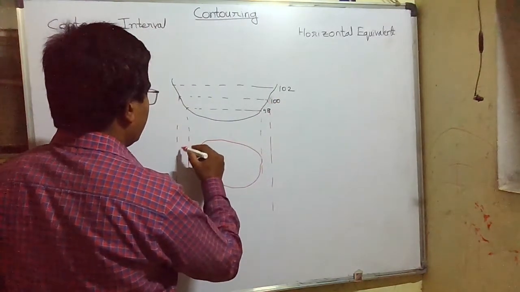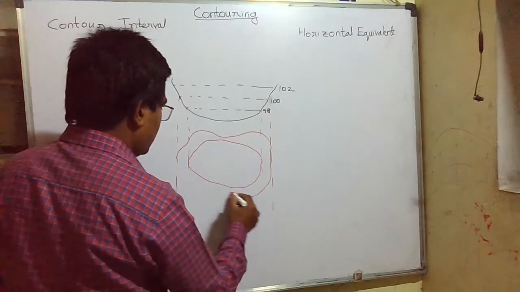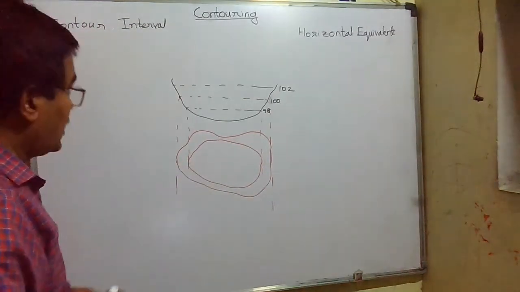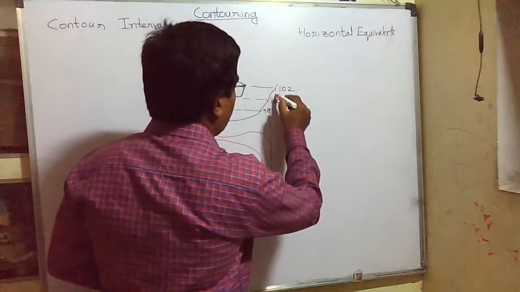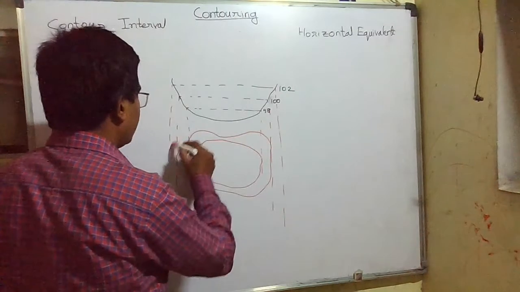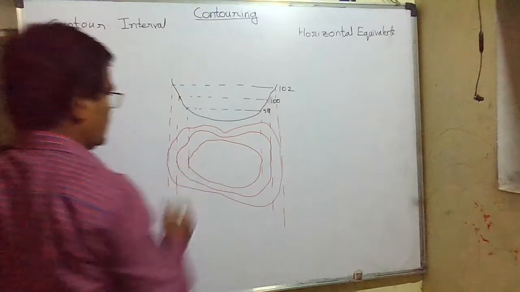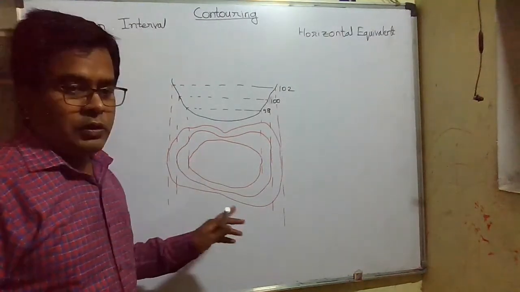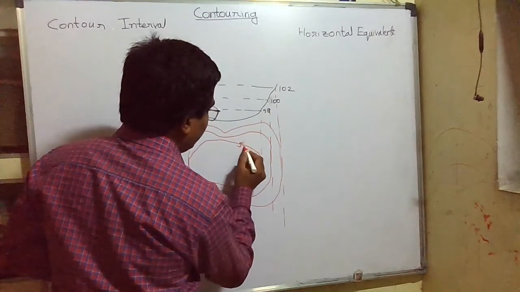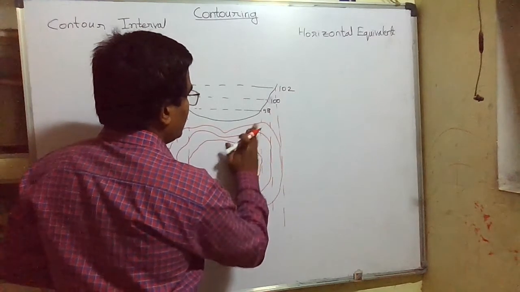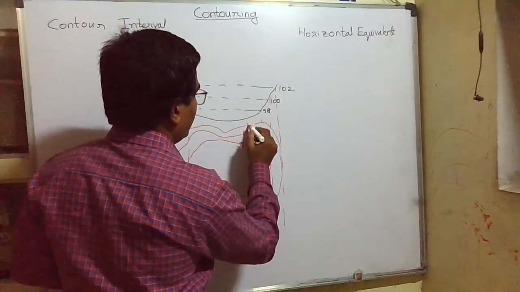This may be another line representing the RL 100, and suppose there will be one more line of RL 102 in horizontal plane. So you are seeing this map here. This line is of RL 98. This contour is of RL 100, and this contour line is of RL 102.